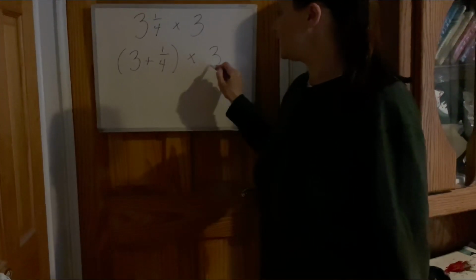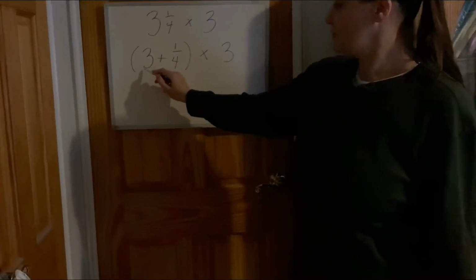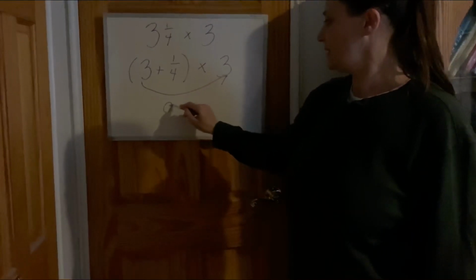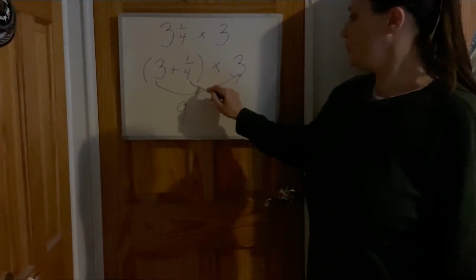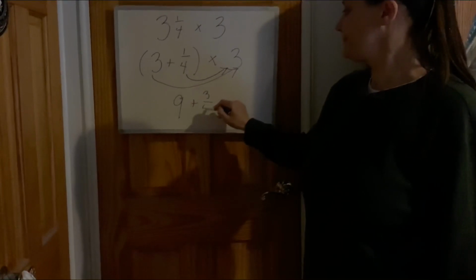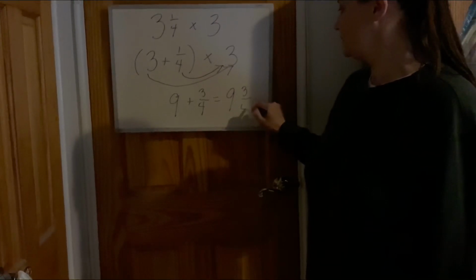So all I'm doing is writing it out in parentheses, and then I'm going to distribute, which means I'm going to multiply 3 times 3. I'm going to get 9. And multiply 1/4 times 3. I'm going to get 3/4. And my answer is 9 3/4.